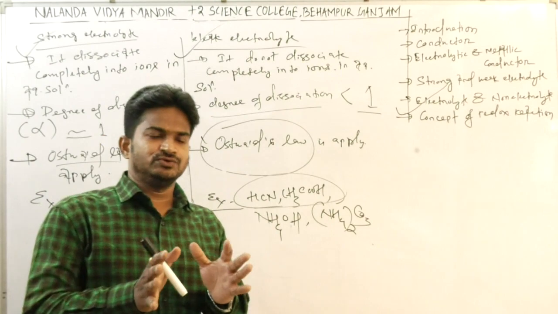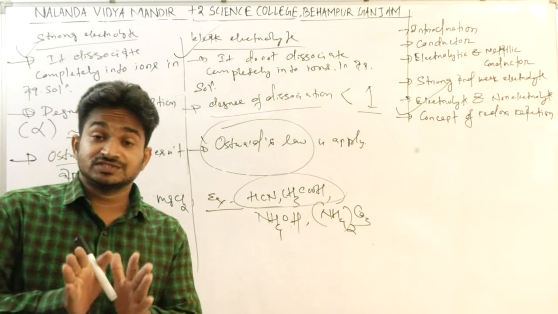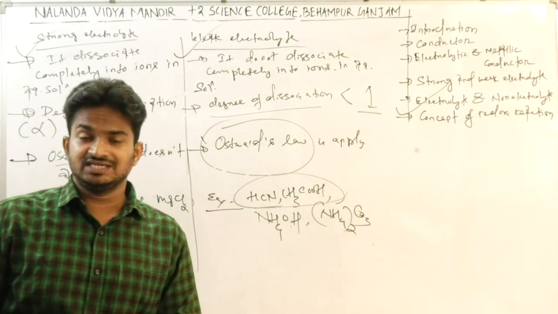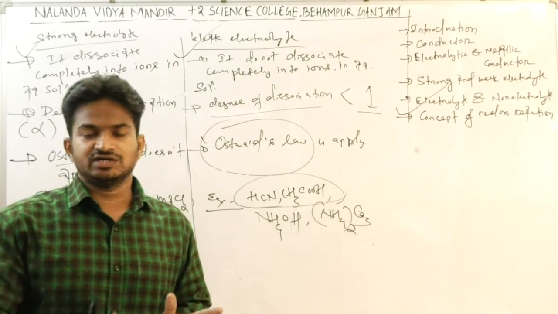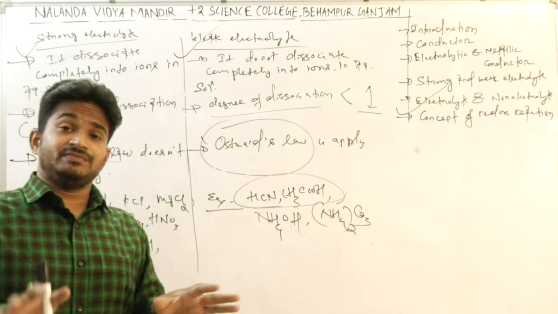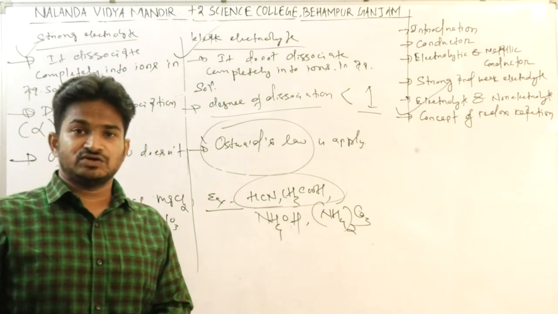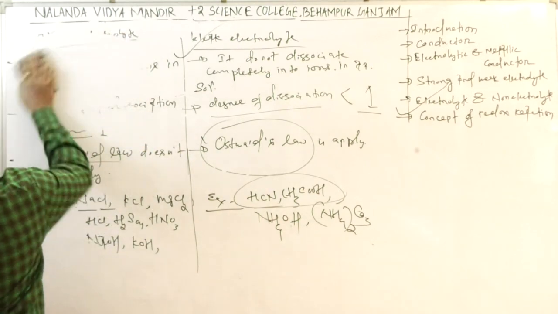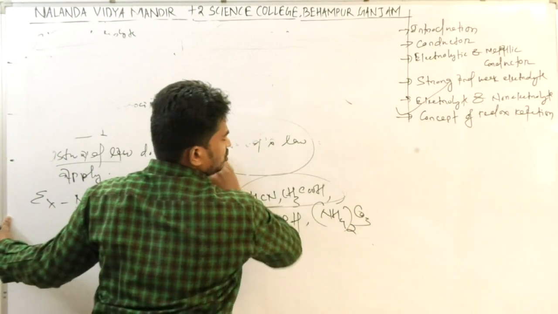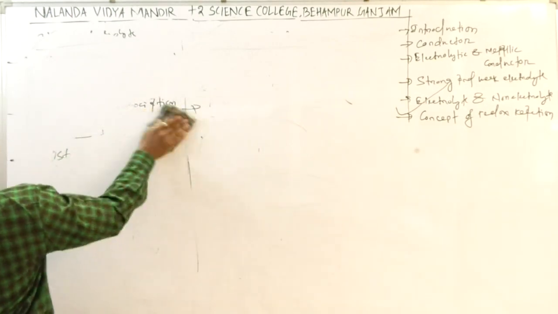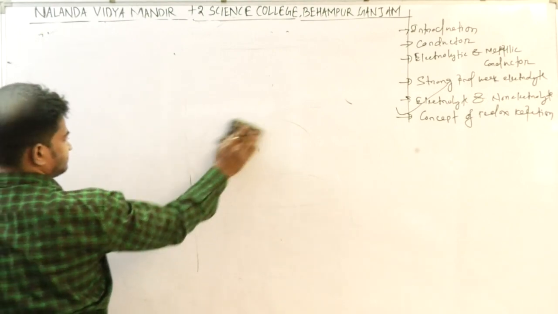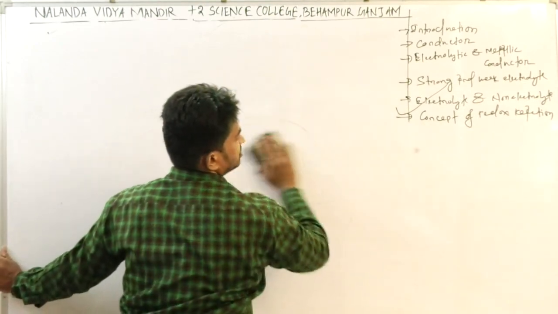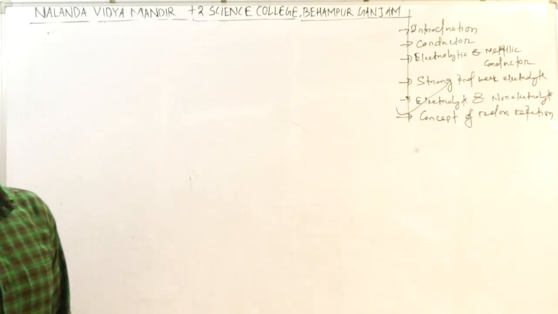Once again, a non-electrolyte is a substance which does not dissociate into its ions in aqueous conditions and does not pass electric current. If it does not dissociate into ions, then it will not show conductivity towards electric current.